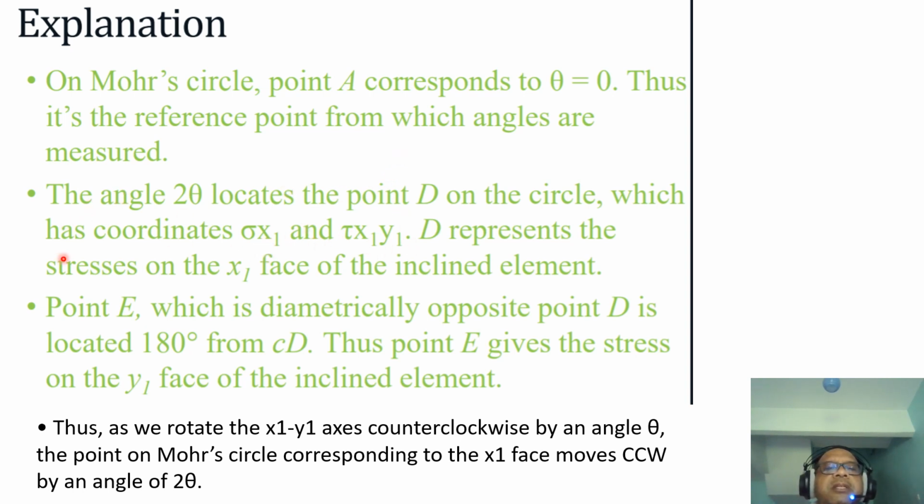D represents the stresses on the faces of the inclined element. Point E, which is diametrically opposite point D, is located 180 degrees from CD. Thus, point E gives the stress of the y1 face of the inclined plane. So, as we rotate the x1 y1 axis counterclockwise by an angle theta, the point on the Mohr circle corresponding to the x1 face moves counterclockwise by an angle 2 theta.